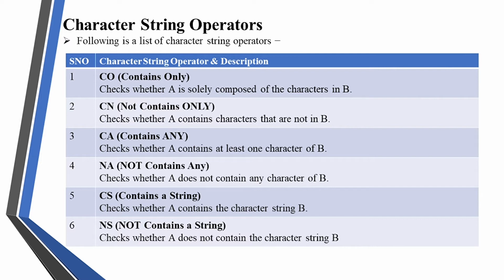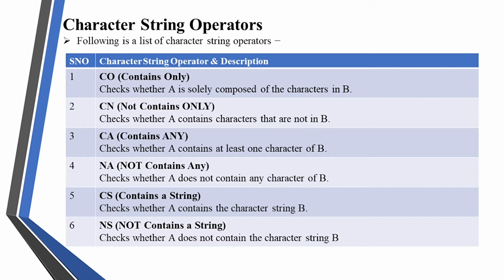That means it has only I as the value. Not contains only, CA aside, means it does not have any value of I. For example, apple, whether apple has I or not, so we want to compare. So it is not contains only. That means in that string I is not there.